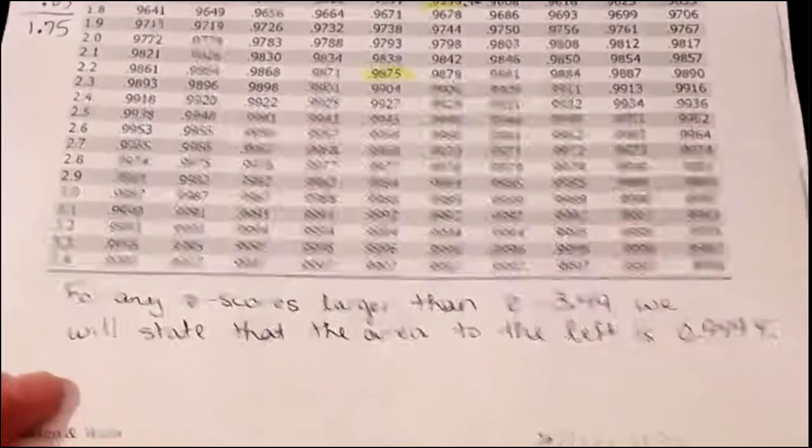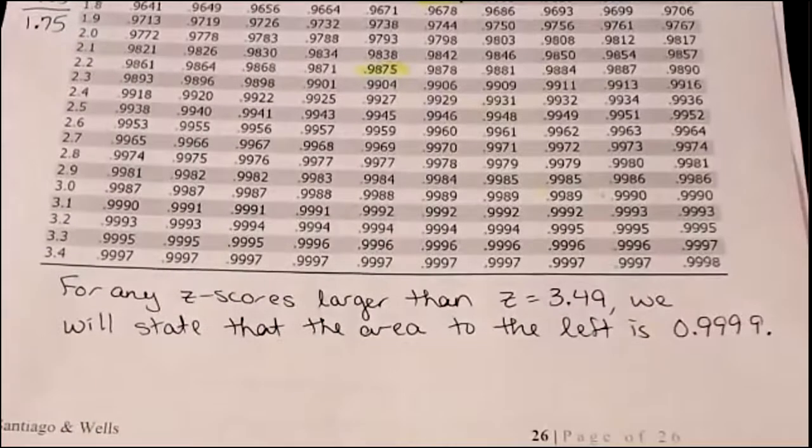I want you to write this on the positive side of your z-score table. For any z-scores larger than 3.49, we're going to state that the area to the left is 0.9999.